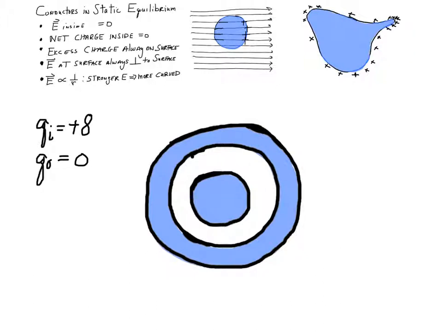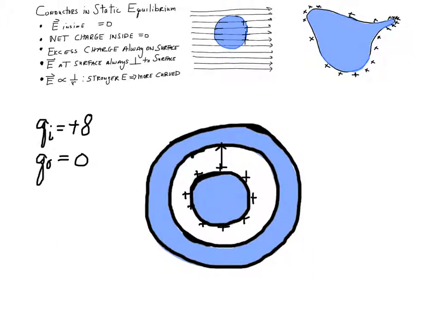So I'm going to put the 8 charges here, and I know from our conductors in static equilibrium that they're going to distribute themselves evenly across the surface. And I know that the field lines will go from the surface perpendicular to the surface and go across, but they can't go into the conductor.